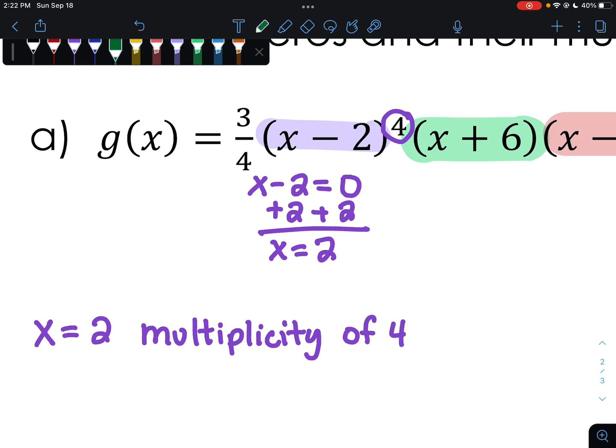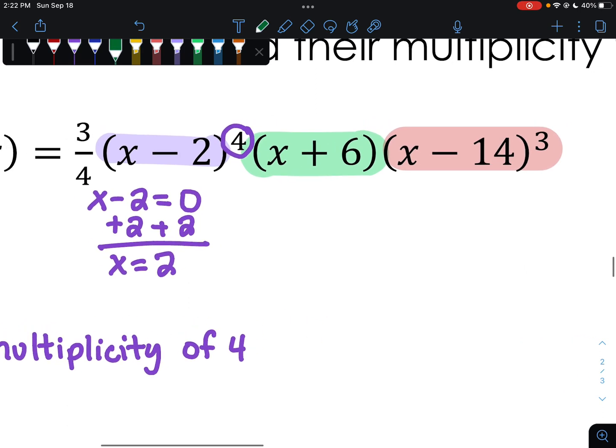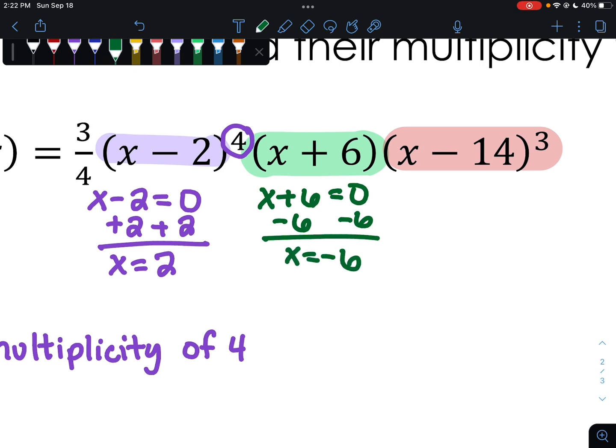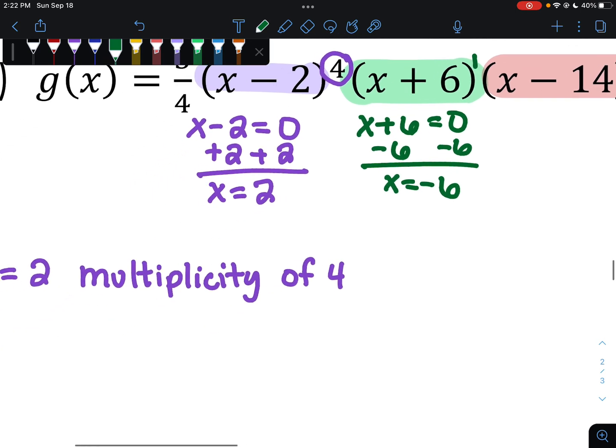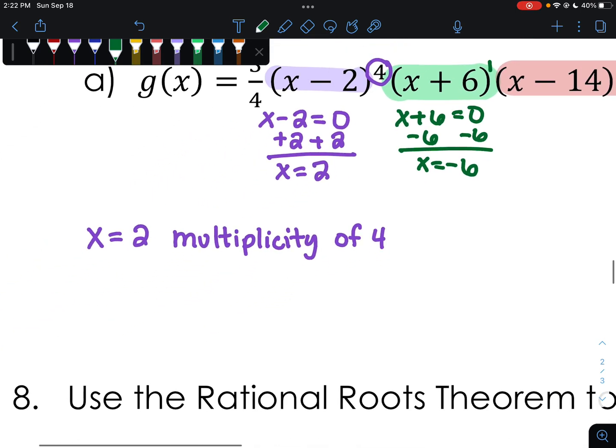Now we move on to the next one. We have x plus 6, so we set that equal to 0. And I subtract 6 from both sides, and I get x equals -6. And its exponent is 1, so it is x equals -6 with a multiplicity of 1.